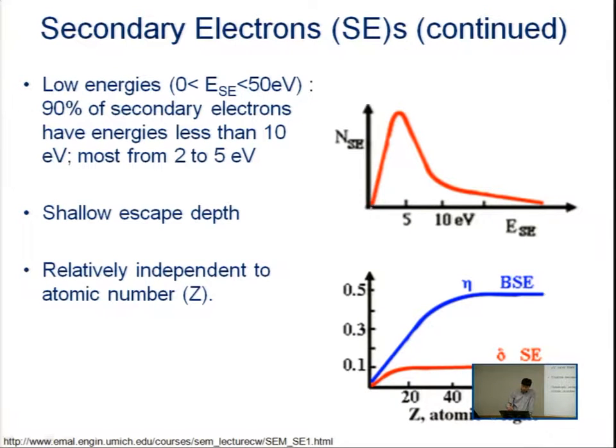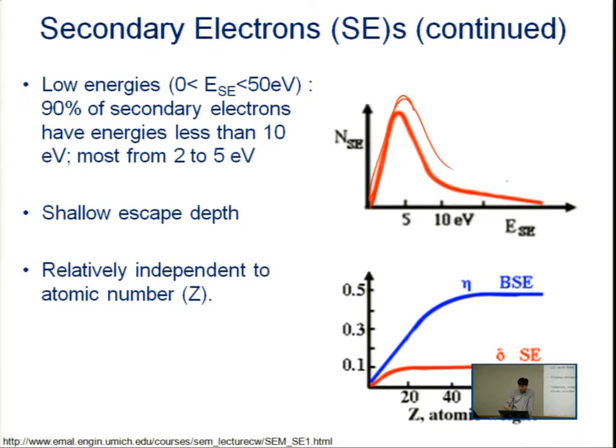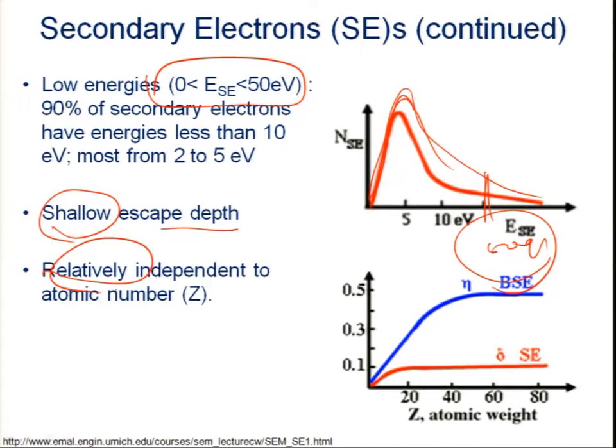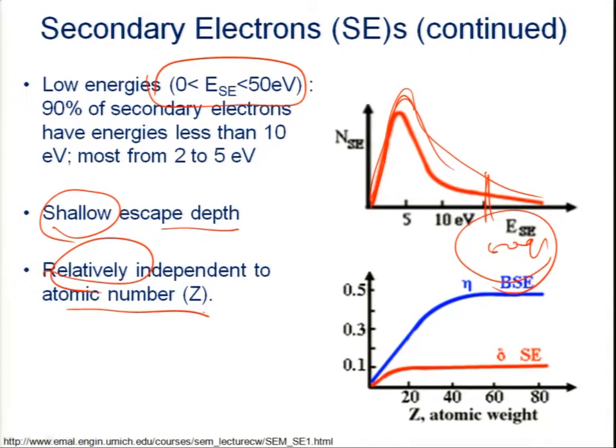So the energy profile is something like this, lower than 50 electron volts. And these electrons come from the very shallow skin of the material, and it is relatively independent of the atomic number, because the interaction volume is located in the very shallow skin. That is why it is not affected by the interaction volume.